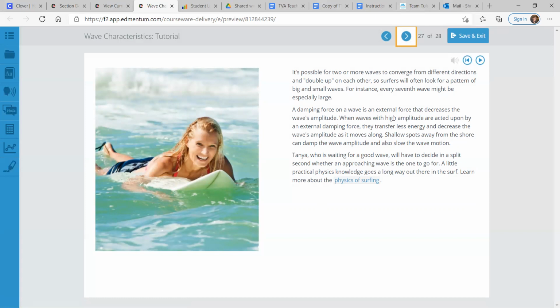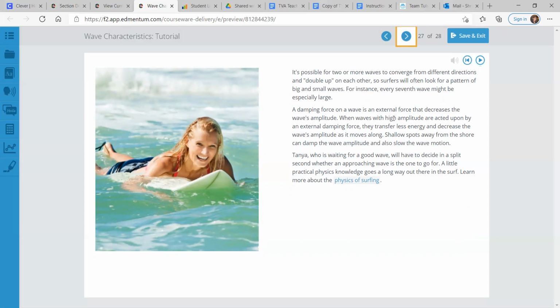So surfers will often look for a pattern of big and small waves. For instance, every seventh wave might be especially large. A damping force on a wave is an external force that decreases the wave's amplitude. When waves with high amplitude are acted upon by an external damping force, they transfer less energy and decrease the wave's amplitude as it moves along.